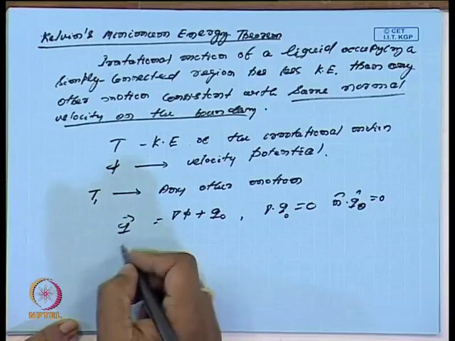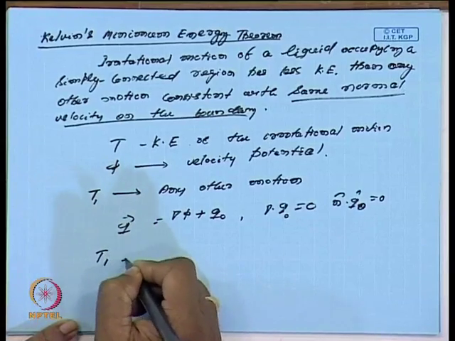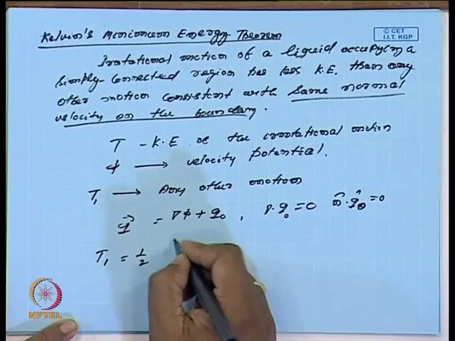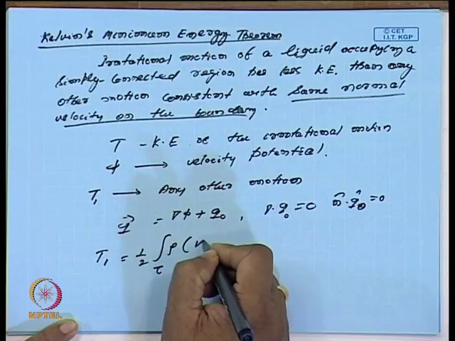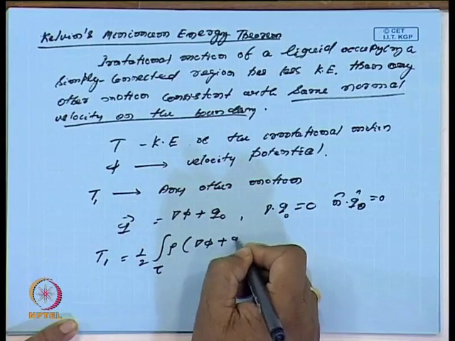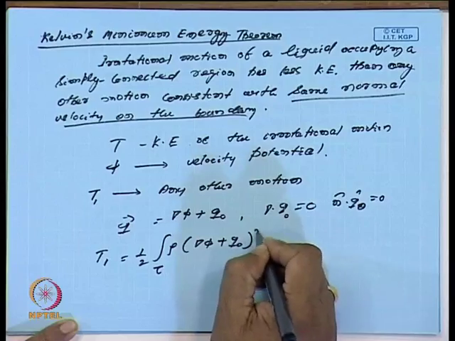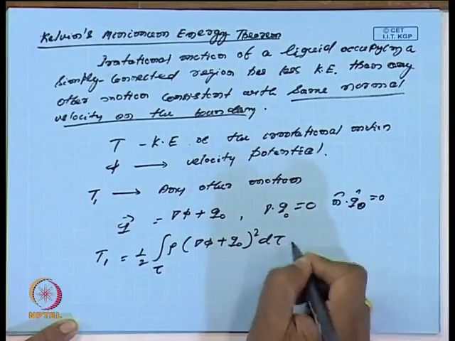Then what will happen to T1, the kinetic energy associated with this, which will be half integral over tau rho times grad phi plus q naught squared d tau.